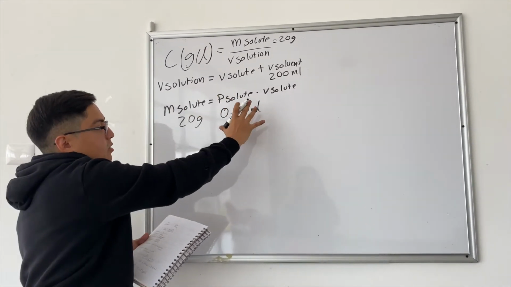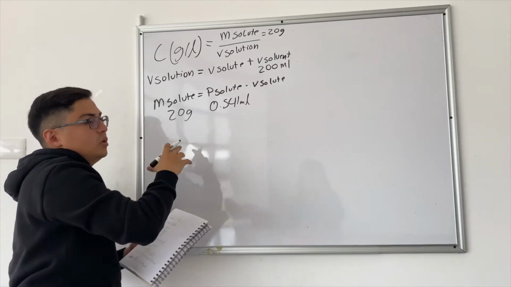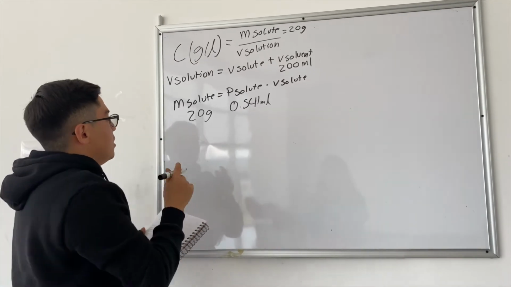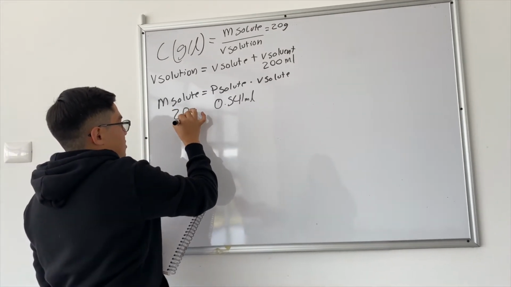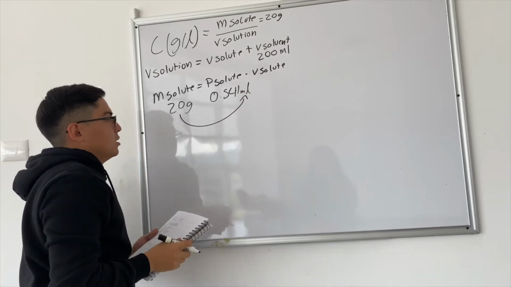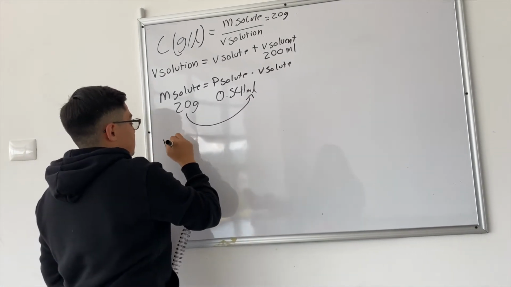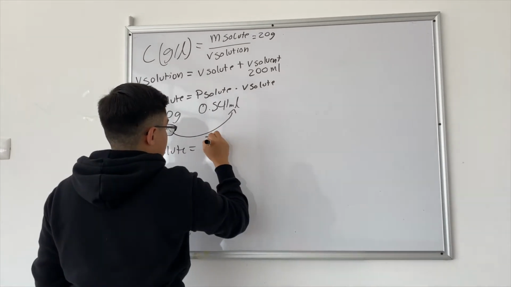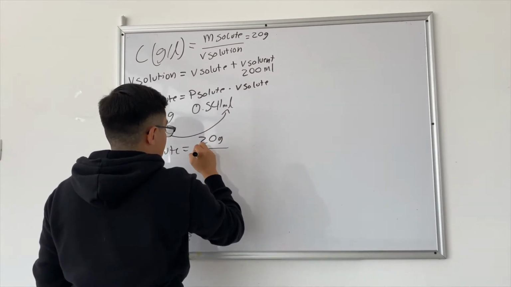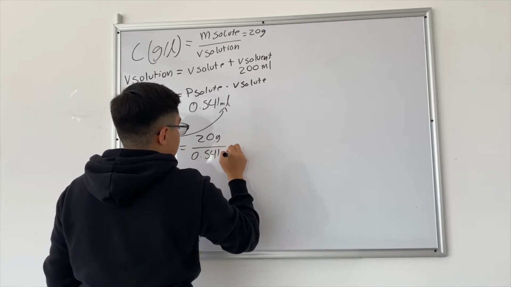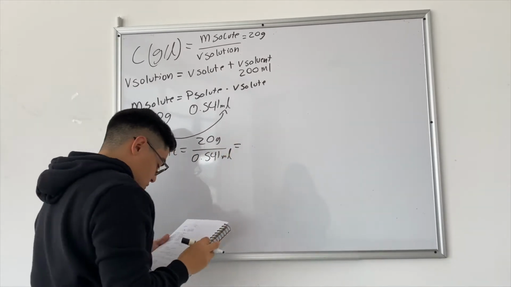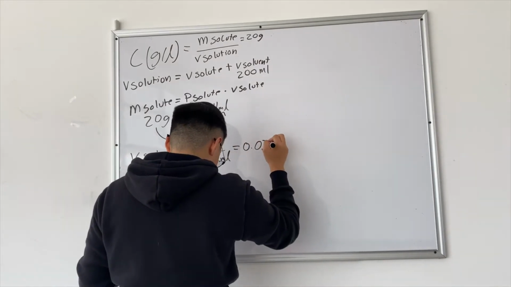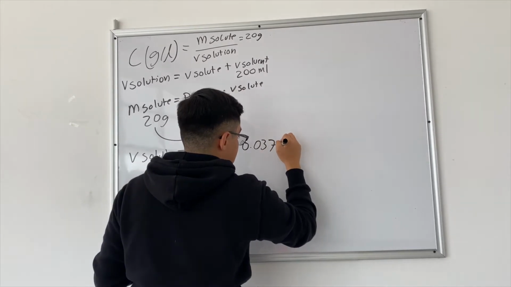In order to get the volume of the solid, we use the next formula. We need to pass the density of the solute to this side. So we will get volume of the solute equals 20 grams over 0.541, and that will give us 0.037 milliliters.